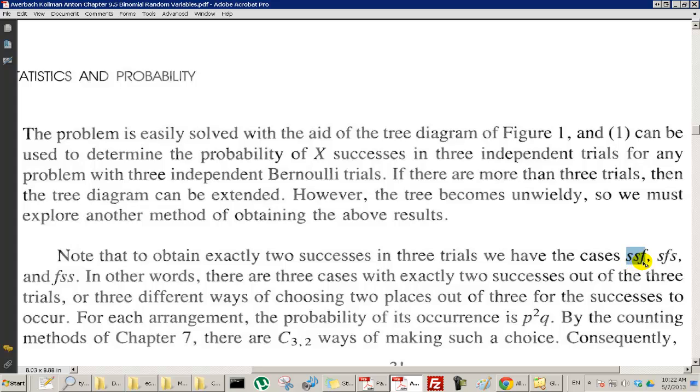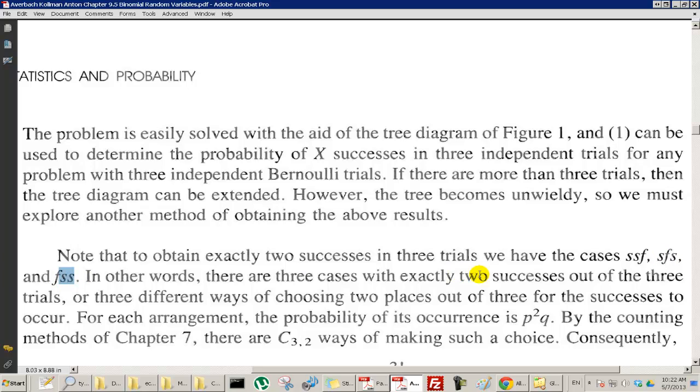How many different ways can we choose 2 of them? And that's exactly what this gives us. Okay, so how many ways are there, if you have 3 slots, to choose 2? Well, you could choose the first 2, or you could choose the first one and the last one, or you could choose the last 2, and those are the only ways.